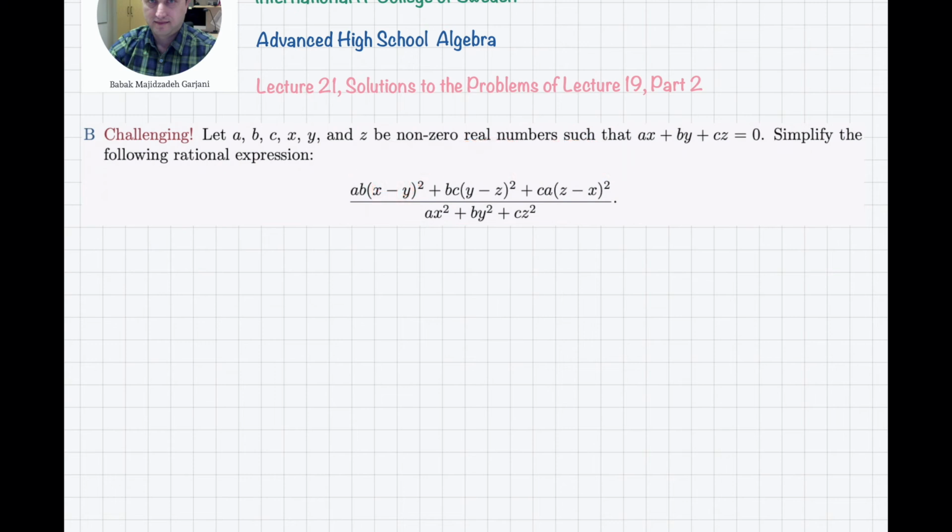So what I did, I started from this assumption that ax plus by plus cz is equal to 0. So to generate this 2abxy, I moved this cz to the right, so it gave me this expression minus cz, and then I raised both sides to power 2.